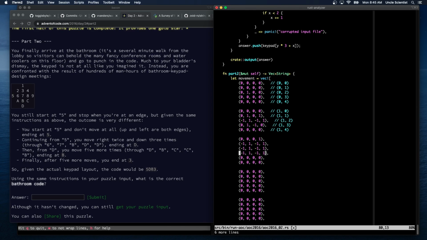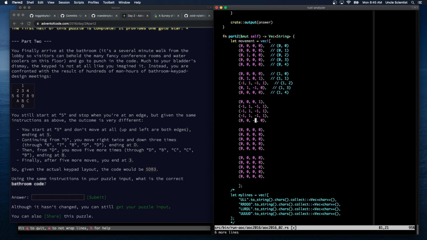And this one's also a full up, down, left, right. And then for 9, we can't go up or down. We can go left, but we can't go right. And here it's zeros. And then up is allowed. Down is not allowed. Left is not allowed, and right is allowed.